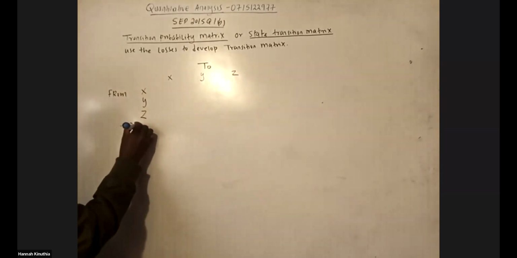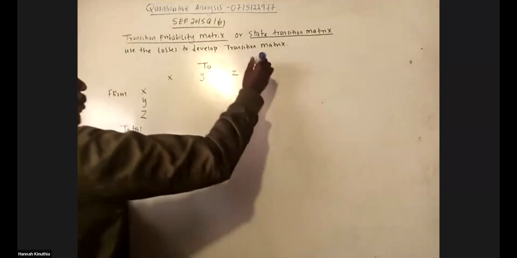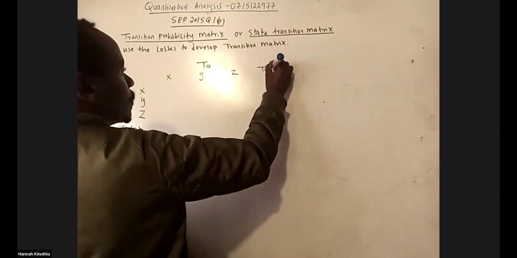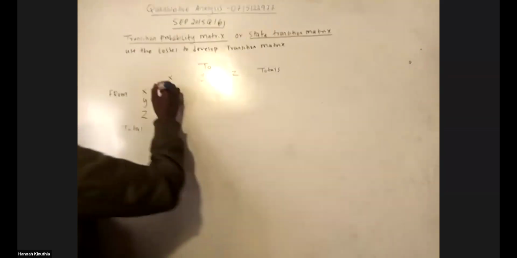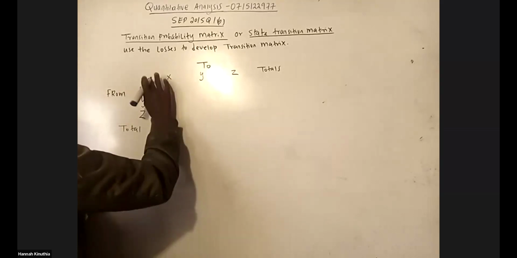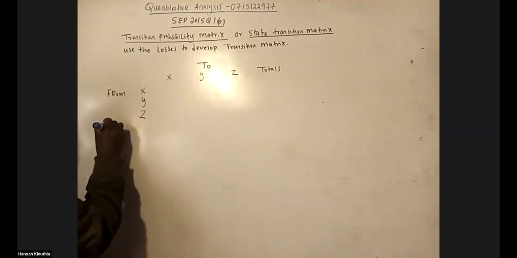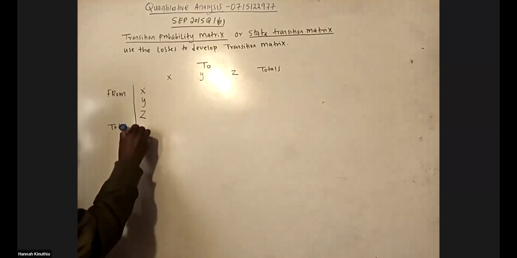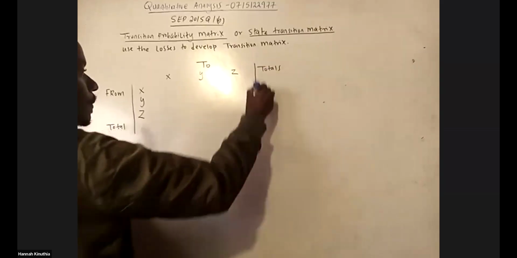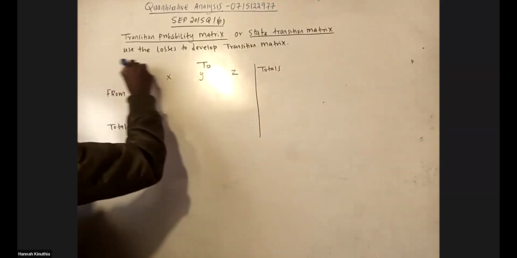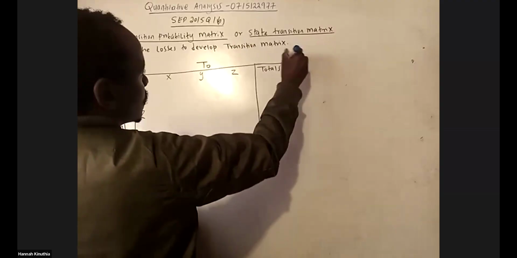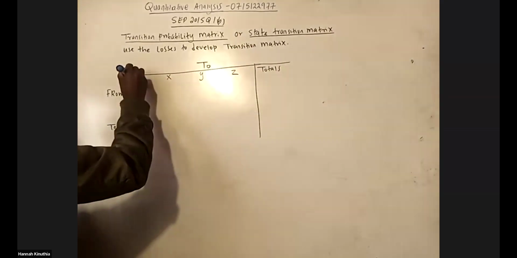This one is very, very important. Remember, we are computing the table first. We need to come up with a table first before we put in our transition matrix.